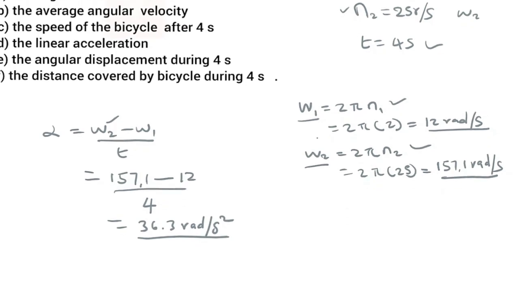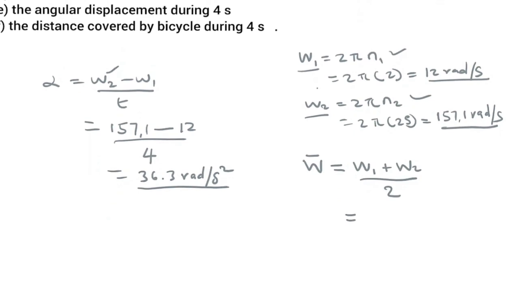Now let us calculate the average angular velocity. To calculate the average angular velocity, we only say it is equal to angular velocity 1 plus angular velocity 2, divided by 2. That's how you calculate the average.